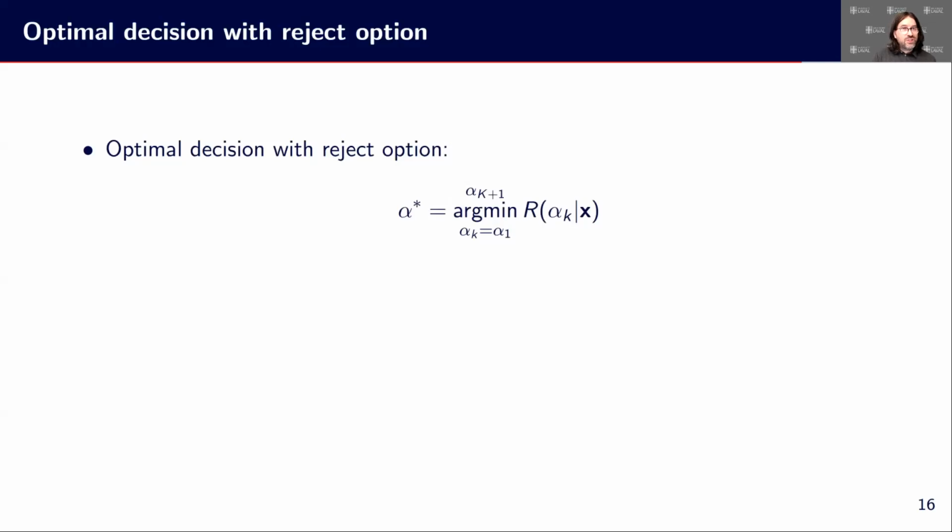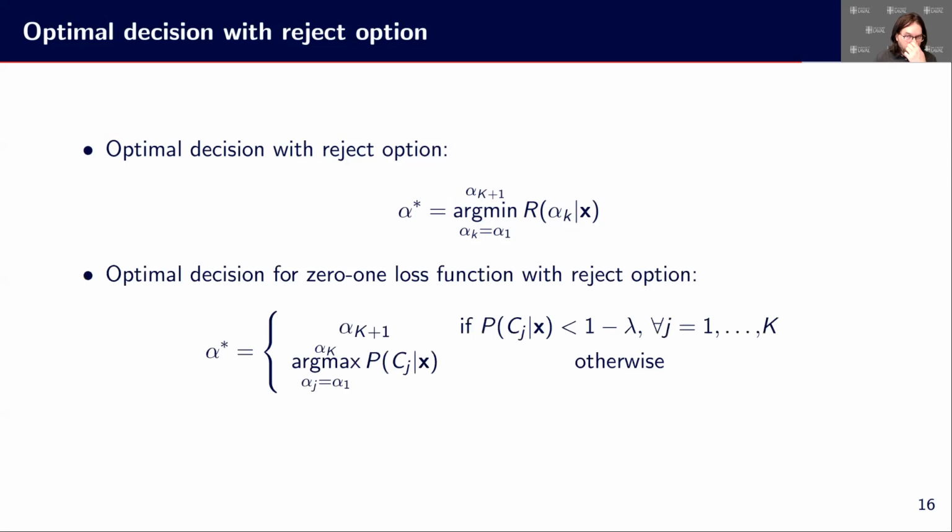Then the optimal decision with reject option is equivalent to this thing. It's basically the same formula as before, except that we go up to alpha of K plus 1, not just alpha K. So we add in the range of possible values the reject option, and we look at the risk for each of these cases.